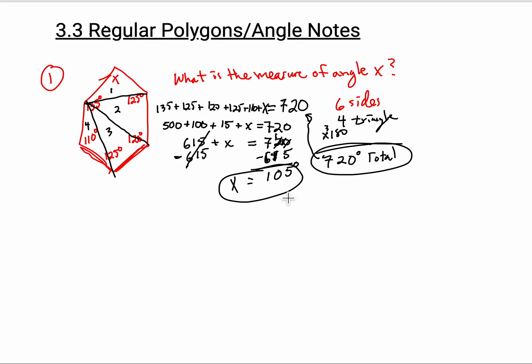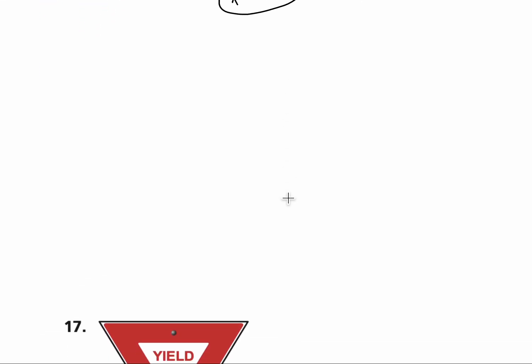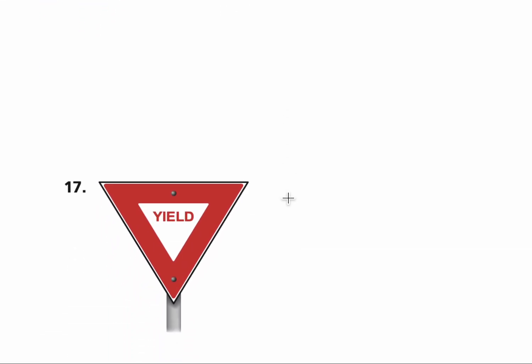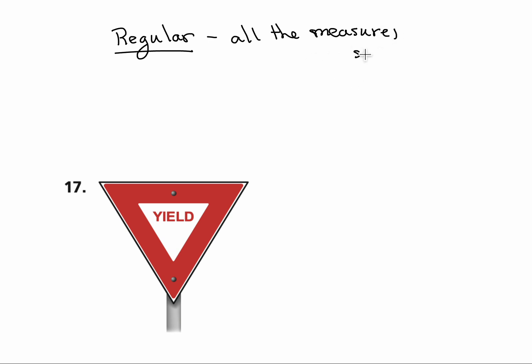So the word regular, when we go down here, this is a regular triangle. So in our notes, let's put down regular. And regular means all the same measures. And we use the word measures because it can pertain to the side measures, the side lengths, or the angles.